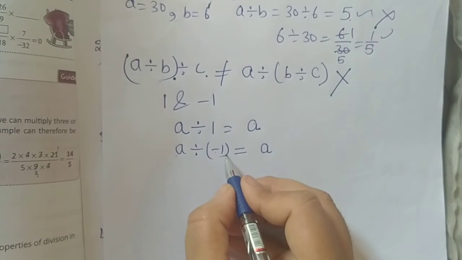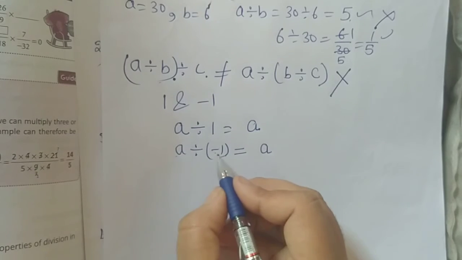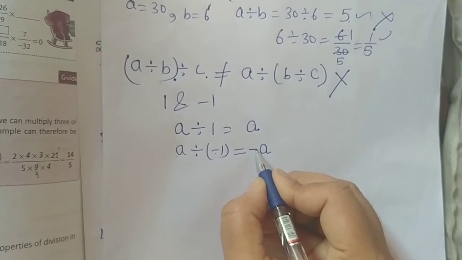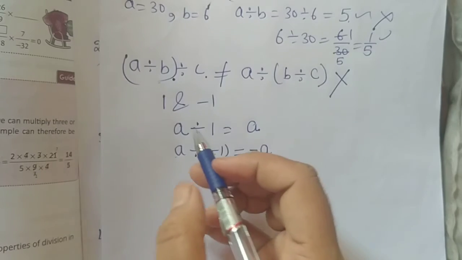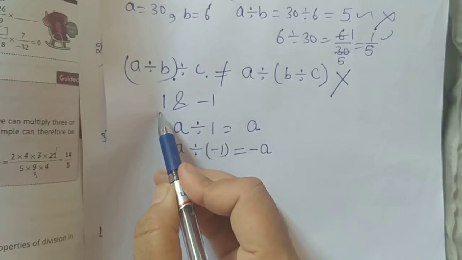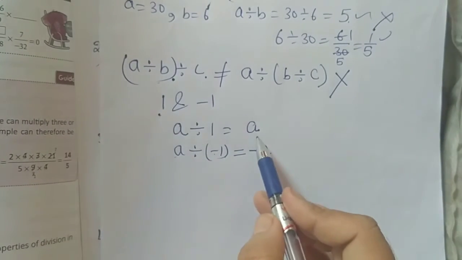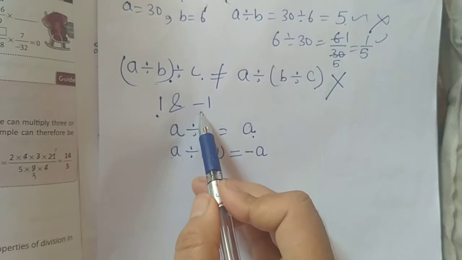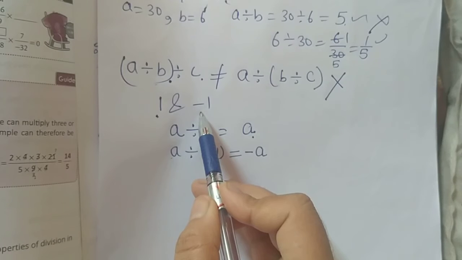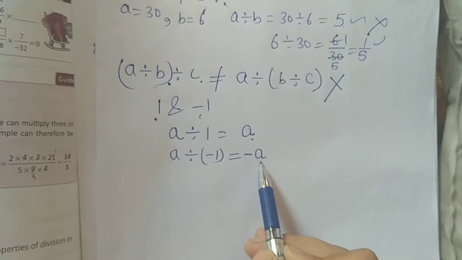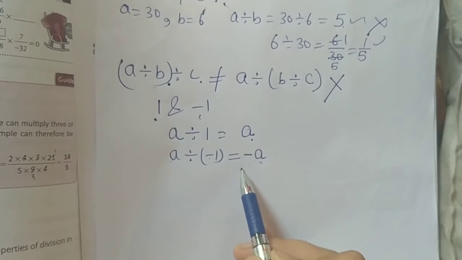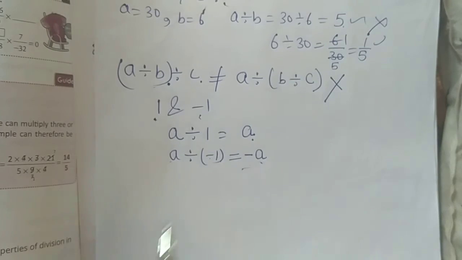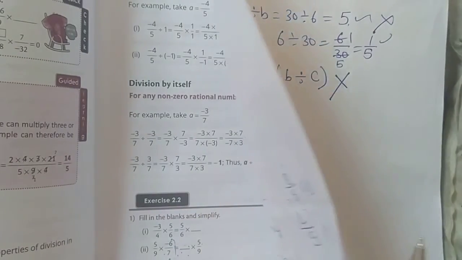This is positive, this is negative, so it is with the opposite sign. So when we divide any rational number by 1, we get the same value. And if we divide any rational number by minus 1, then we get the same answer but with the opposite sign. So I think up to here it is clear to you.